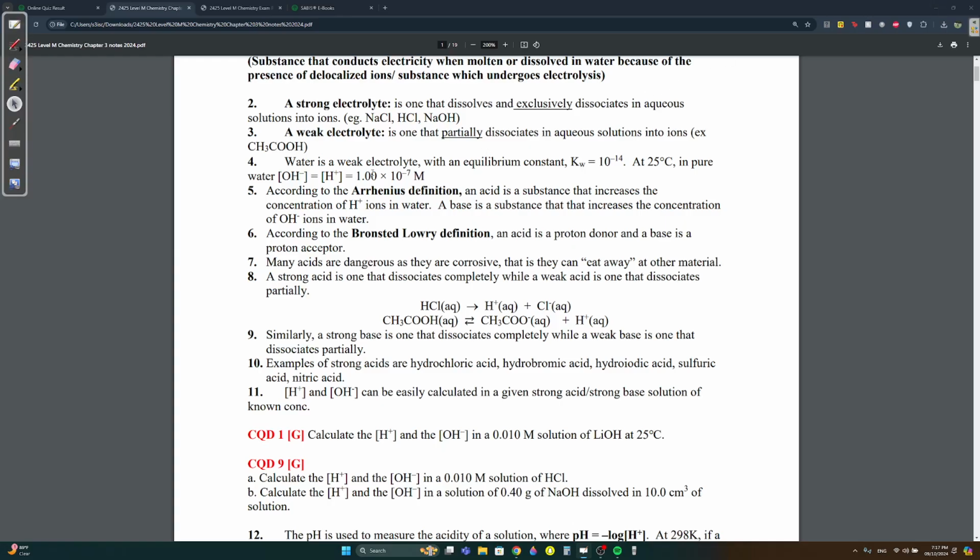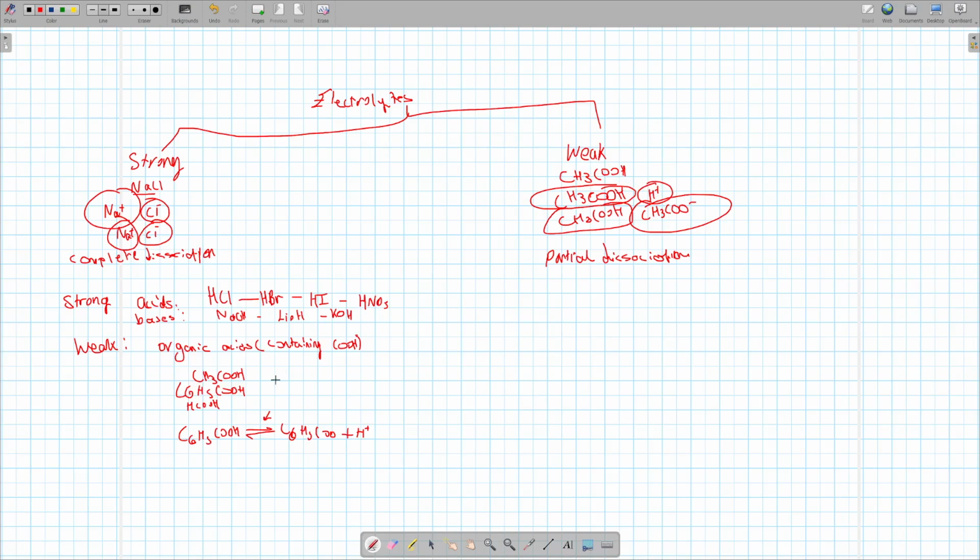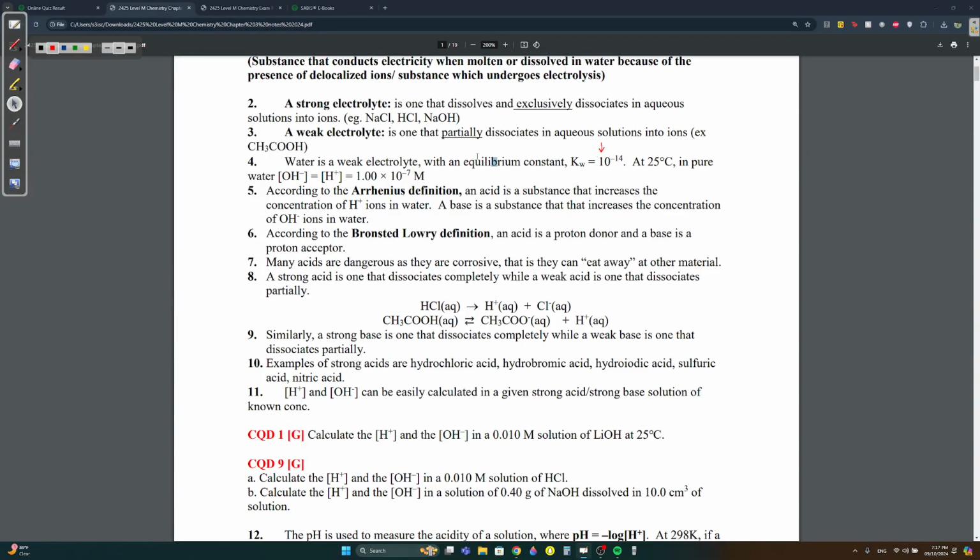So, water is a weak electrolyte, and its equilibrium constant is 10 to the power of negative 14. Because when you're weak, you have partial, so you have equilibrium, right? Two arrows means equilibrium. So its Kw is 10 to the power negative 14. You must know this. In pure water at 25 degrees Celsius, the concentration of OH- is equal to H+, which is equal to 10 to the power negative 7.